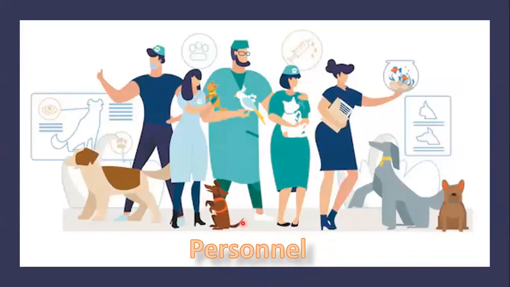Is this the personnel of a school? Is this the personnel of a ministry? Is this the personnel of a hospital? Yes, an animal hospital personnel, right? So these people together, each worker together, are going to be called personnel.